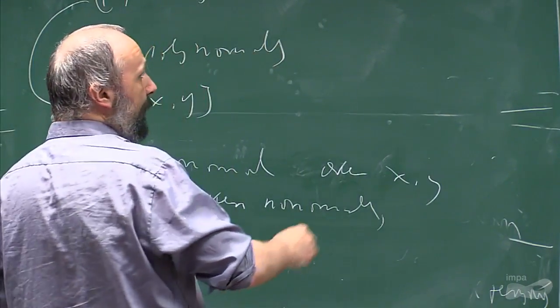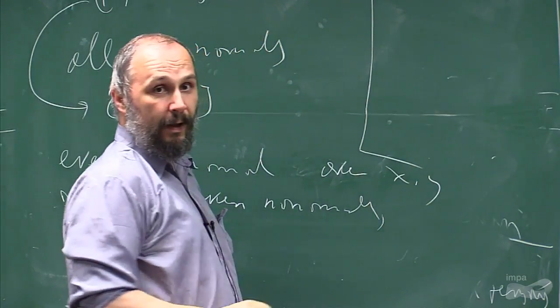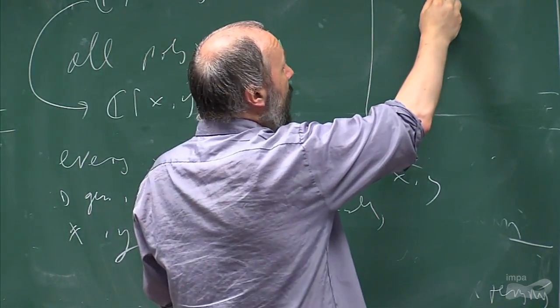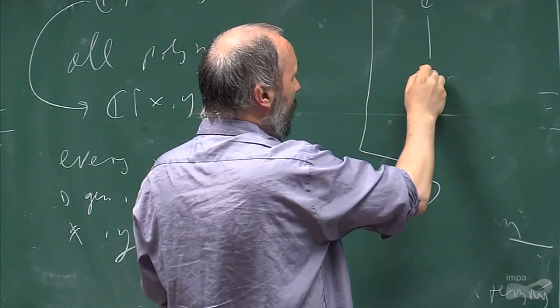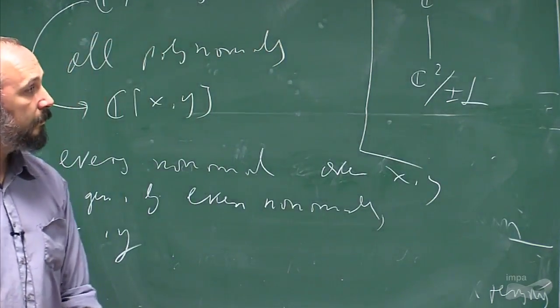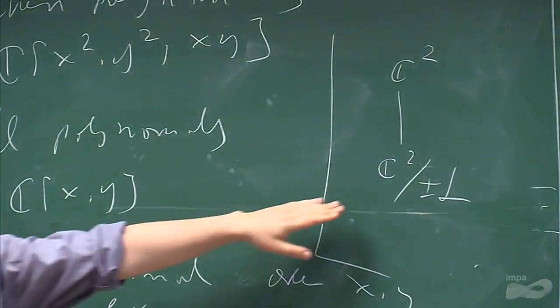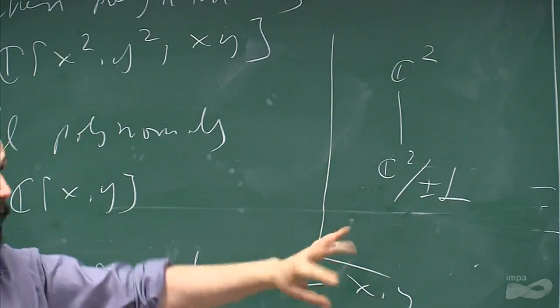I think we discussed at some point that this map has an easy geometric interpretation. You have C^2, which is mapped to C^2 modulo plus-minus 1. So what is C^2 modulo plus-minus 1? It's polynomial functions which are invariant under plus-minus 1.